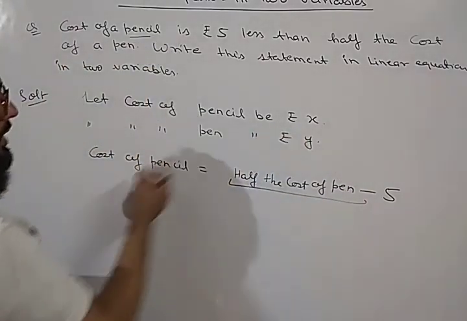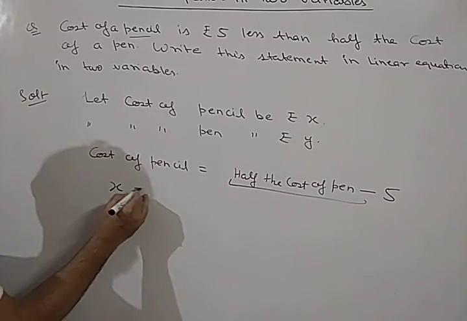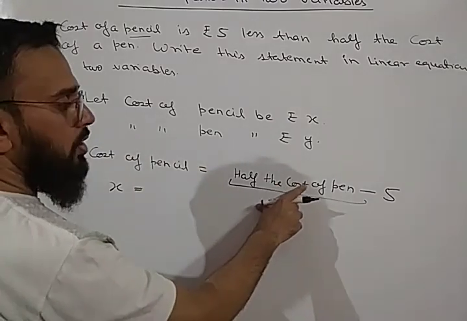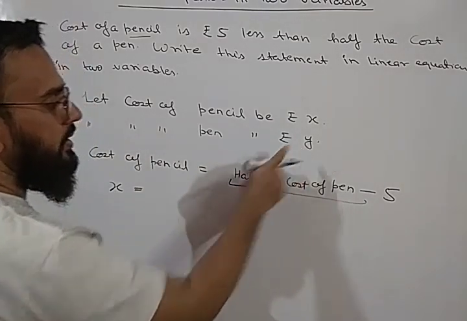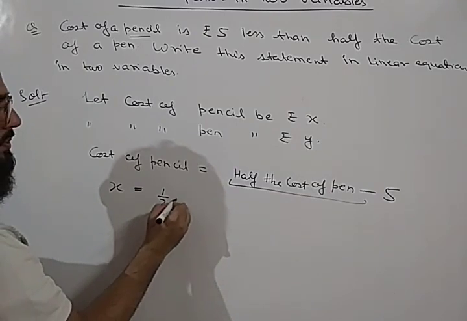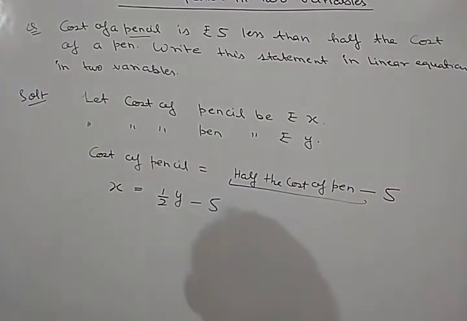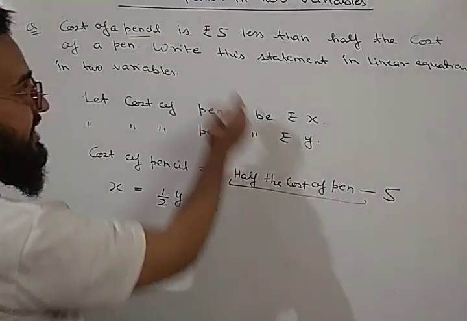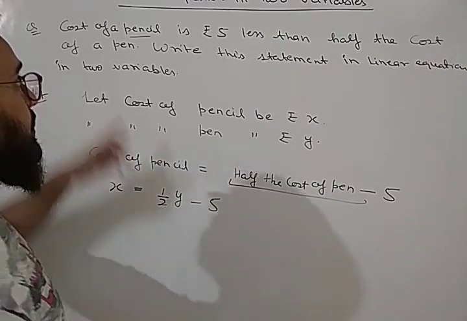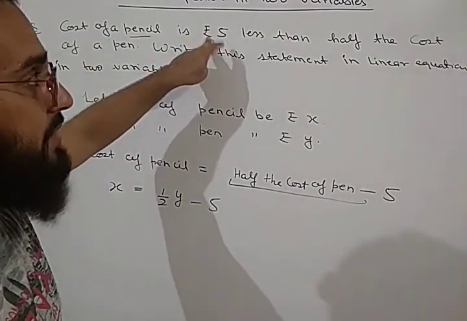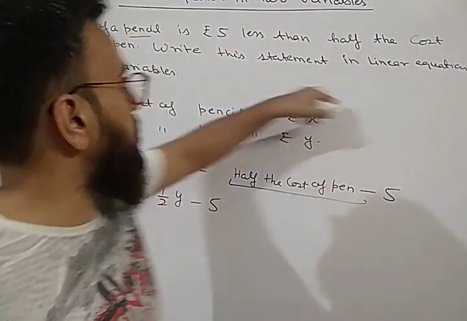Now put the values here. Cost of pencil is rupees x is equal to half the cost of pen. Cost of pen is y. So what will be its half? It will be 1 by 2y minus 5. Clear? Read the statement very carefully. You have given cost of pencil is rupees 5 less than half the cost of pen.